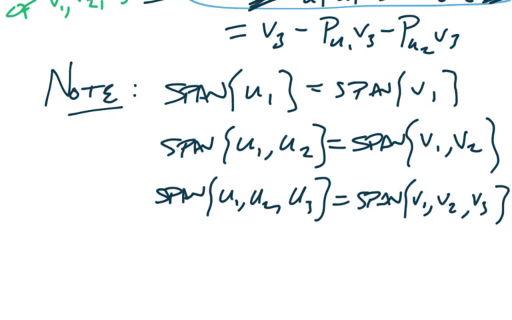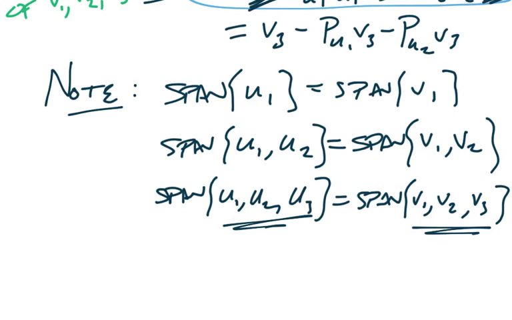Now, this last point I really didn't need to make because I'm assuming that these three vectors form a basis, which means that the dimension of the vector space that I'm talking about has to be 3, because it's got a basis with 3 things in it. And so the span of these 3 basis vectors is going to be the entire space, and so of course they're equal.